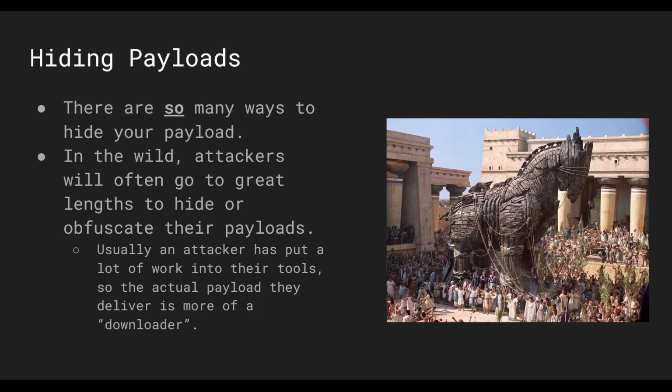They need to hide their payloads, and in a lot of cases, attackers will go to pretty extreme lengths to do that. That in and of itself is probably one of my most favorite topics to get into: the way that hackers write malware and obfuscate the delivering of a payload to the target or victim.